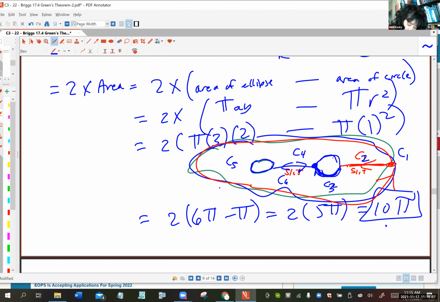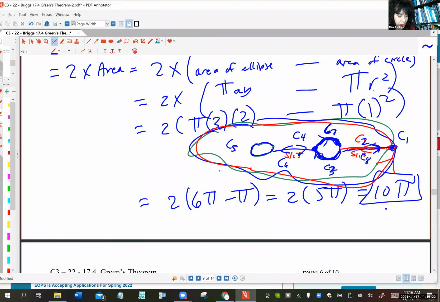And then this hole here, you go along the upper semicircle in the clockwise direction, so that'd be C7, and then you'd finish to get back home by going in the opposite direction of C2, that'd be C8 to get back home. Okay, so that's how you would justify a region with holes, and then greens would apply if you had 2 holes there. Okay, cool, nice.